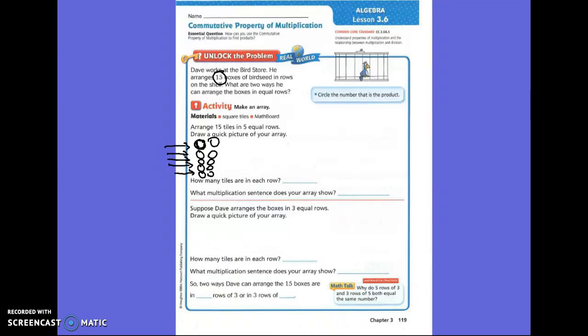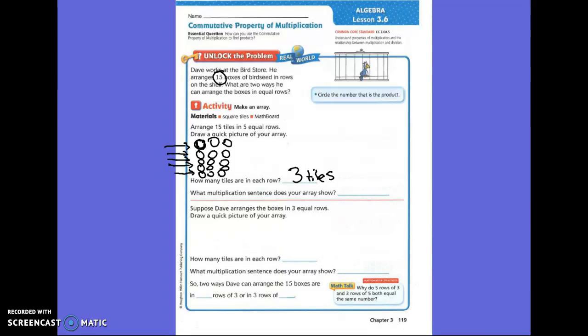Okay, then we're going to keep drawing, but we're going to have to go back to the top again and try another one. 11, 12, 13, 14, 15. Okay, now here's the question. How many tiles are in each row then? We have 5 rows. How many tiles are in those rows, everyone? 3. 3 what? Tiles.